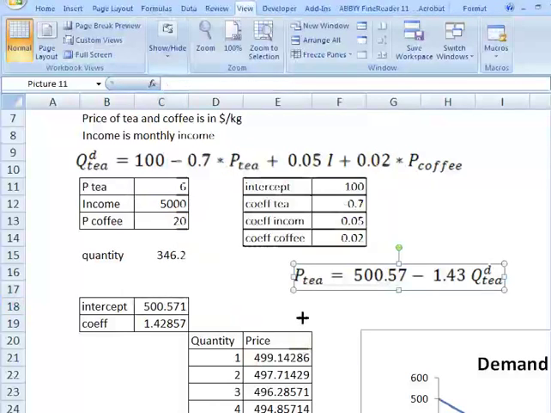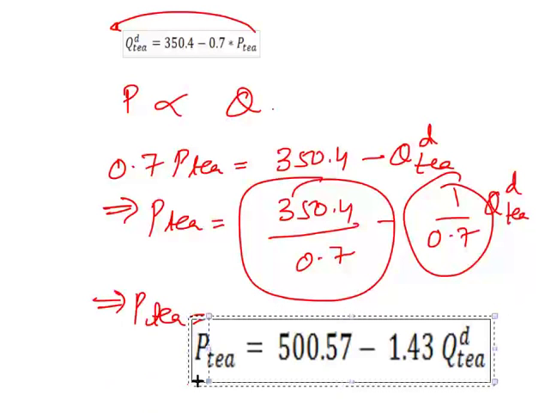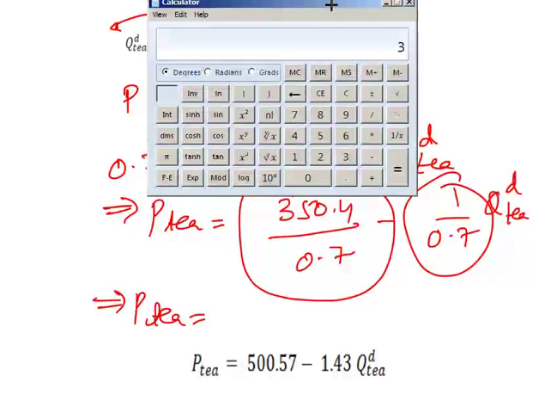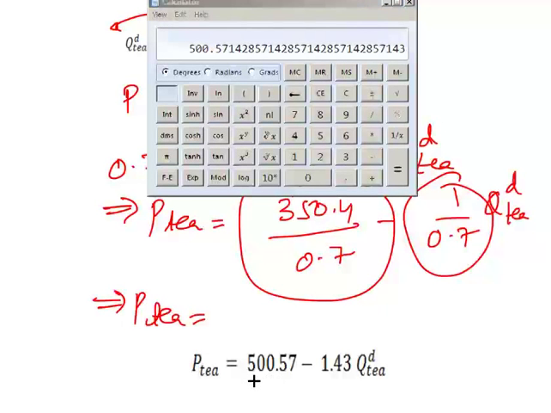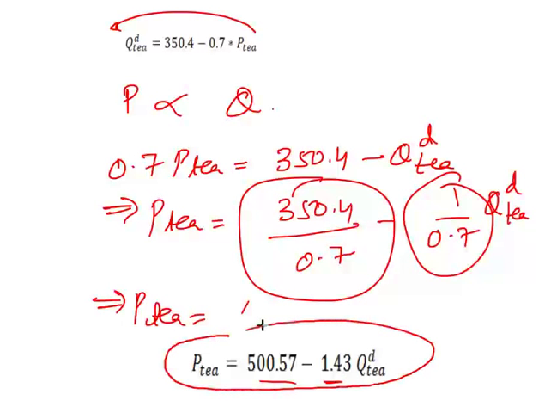So the price of tea is actually written as a function of quantity. So 350.4 divided by 0.7, what value are you going to get? 500.57. So this is the value that you have got, and 1 by 0.7 is 1.43. So this is now the price of tea as a function of the quantity that is demanded.